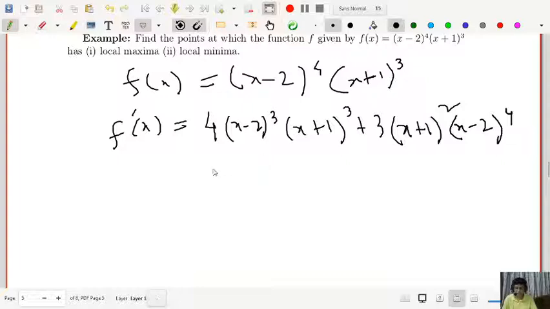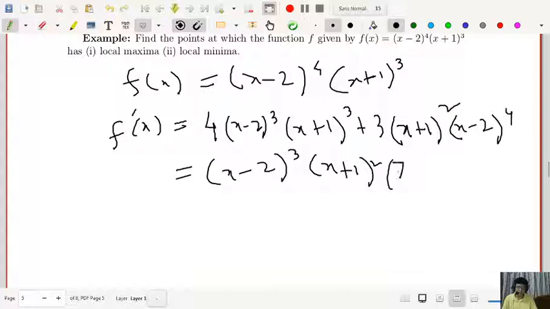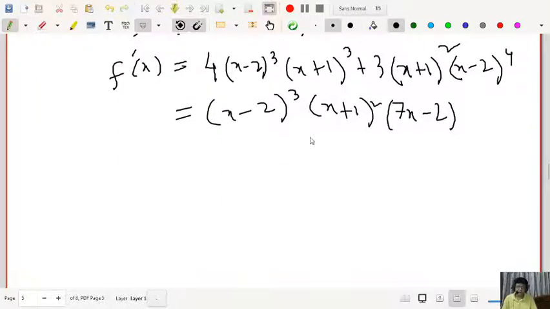This is the derivative, and if you simplify, it's a very easy calculation, you will get (x plus 1) whole square, and I have already checked the result, so that is why I am substituting. These are the factors.